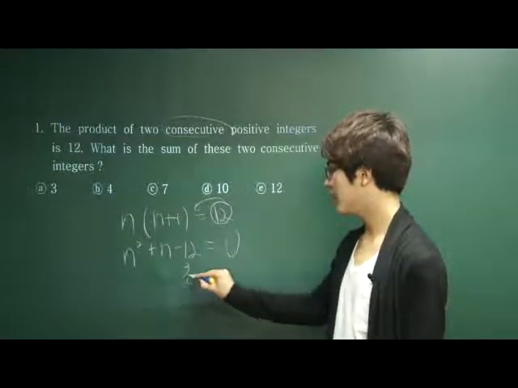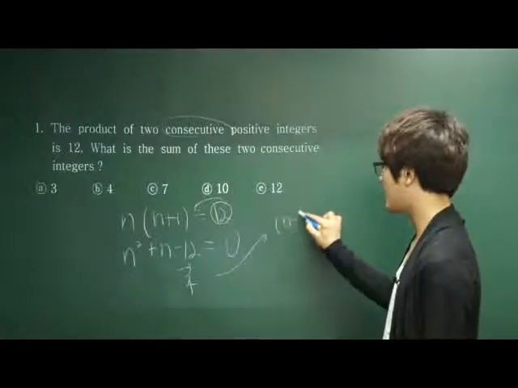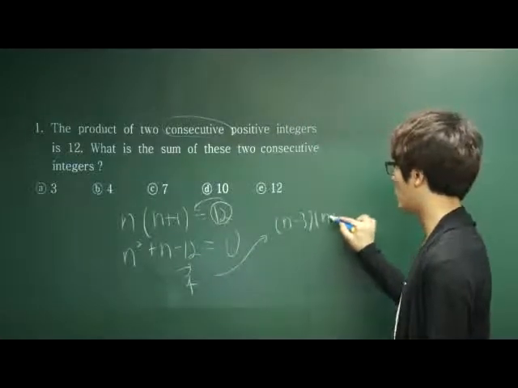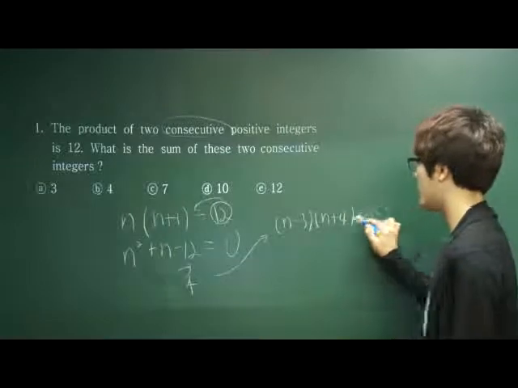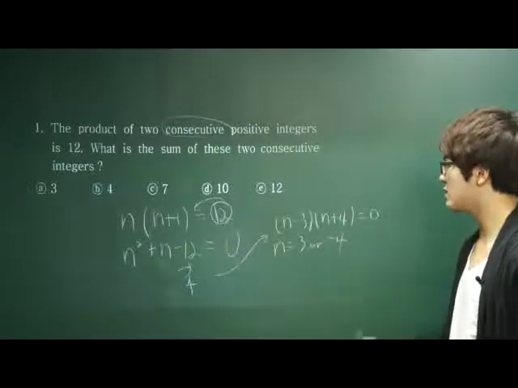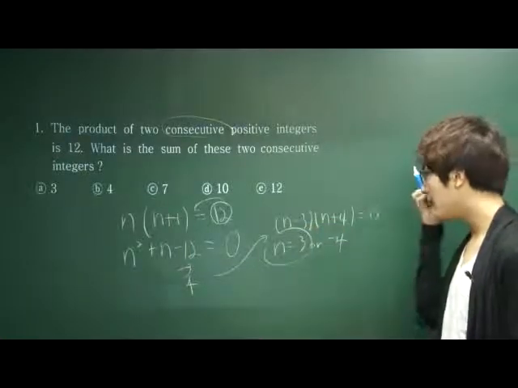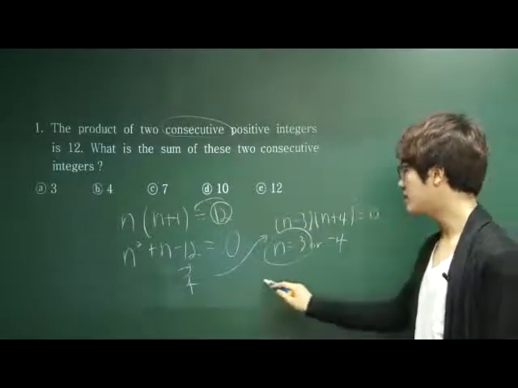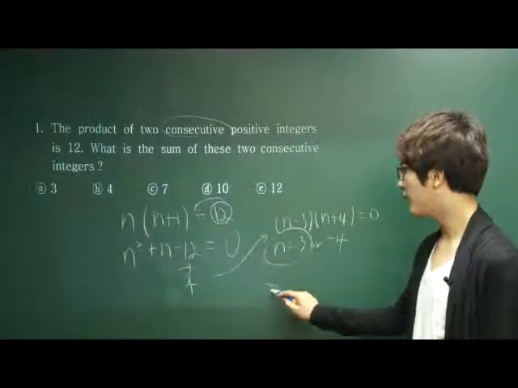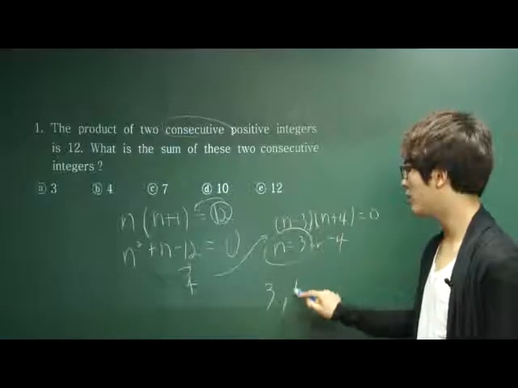This is 3 times 4, right? This can be rewritten as n minus 3 times n plus 4 is equal to 0. n is either 3 or negative 4, but it said n is a positive integer, therefore n is equal to 3, right? And n plus 1 is equal to 4. So n was 3, and the consecutive positive integer was 4.